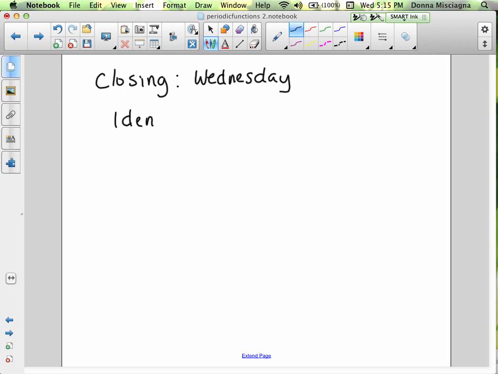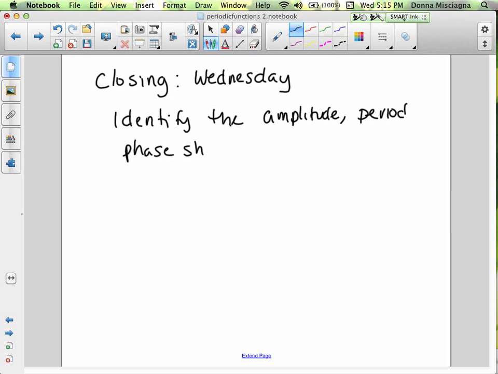Identify the amplitude, period, phase shift, remember that's the horizontal, and vertical shift for the equation. Okay.